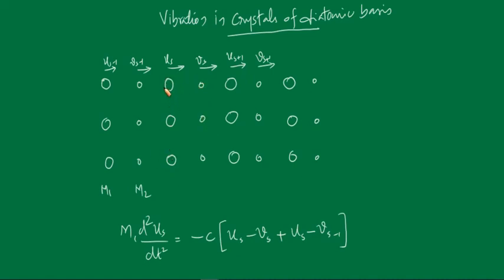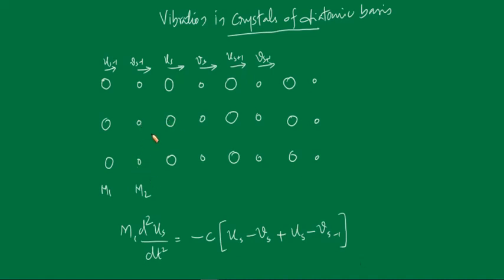So therefore, if we write the equation of motion for the first kind of atom in the nth plane, this is the equation. Here C is the force constant of the interaction. Both the interactions are identical. Therefore, the constant C is the same for both the interactions. Okay.